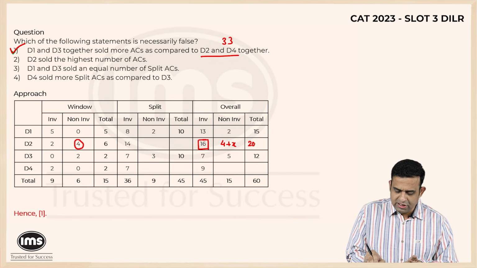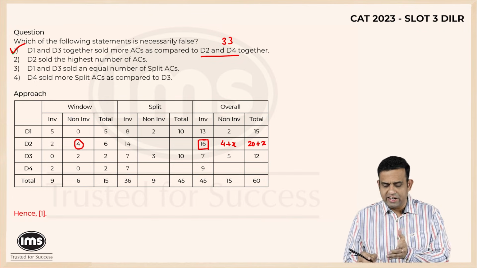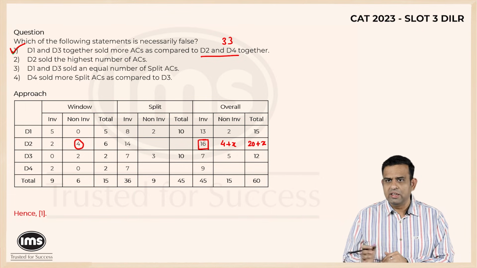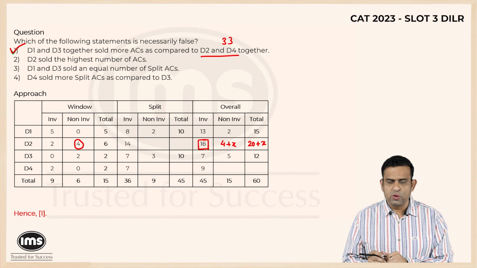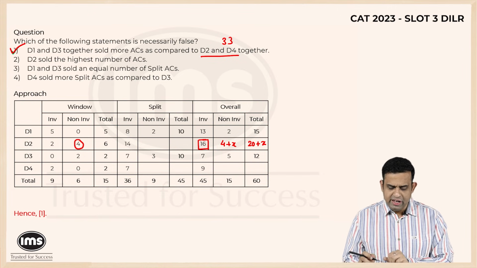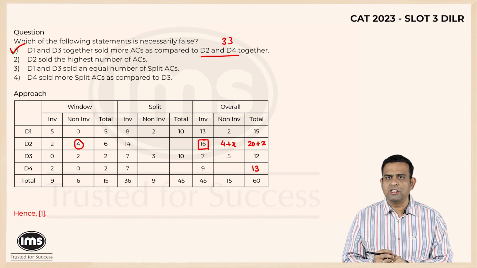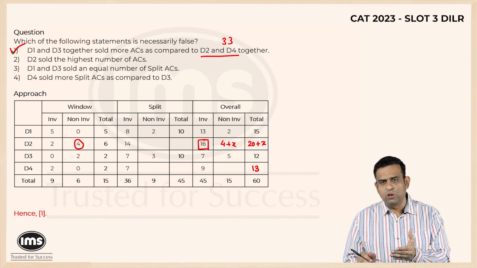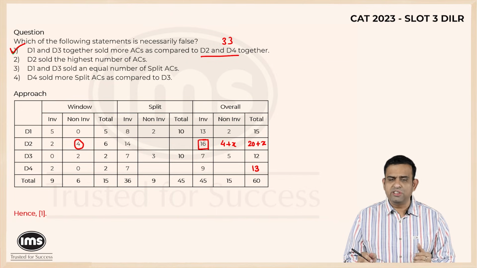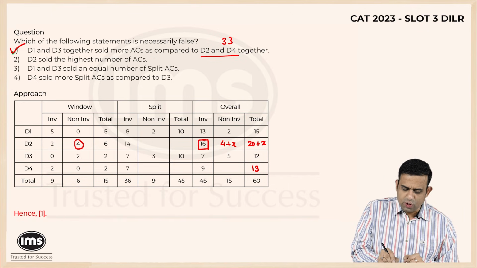So total number of AC sold by D2 would be 20 plus something. Even if I assume this X to be 0, it is going to become 20, which would mean the max number of AC being sold by D4 will be 13 when I assume the value of X to be 0. Whatever case you take, even for X as 0, D2 ends up selling the highest number of AC. That means option number 2 is always true.